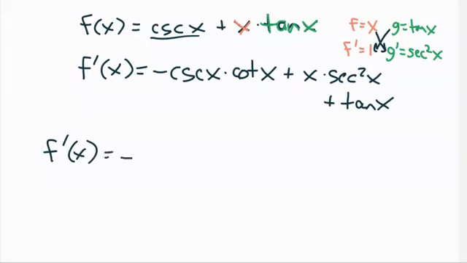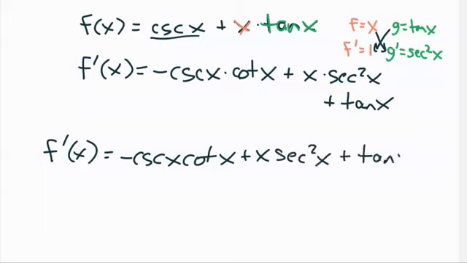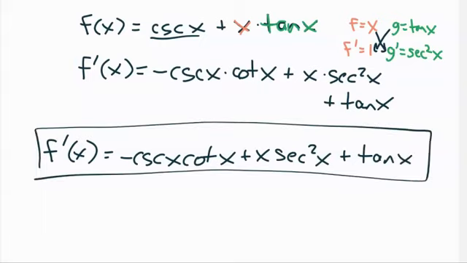And there's not really very much, if any, simplifying you can do there. I don't think there's any. So negative cosecant times cotangent, I'm just trying to make it fit all on one line, minus or plus x times secant squared plus tangent of x. So the first one was just a single term, the second one used product rule. There's the derivative of the original function.